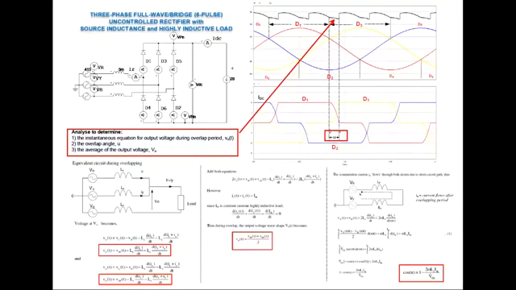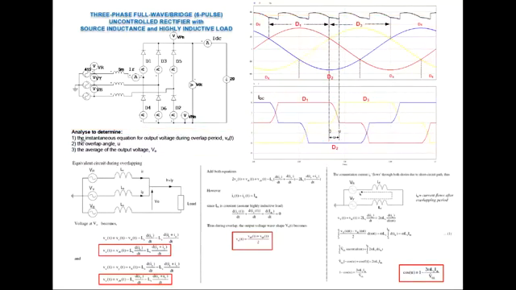And finally, we're going to look at the equation for the average output voltage. So let's start with how to get the instantaneous equation for the output voltage during the overlap, Vout(t).